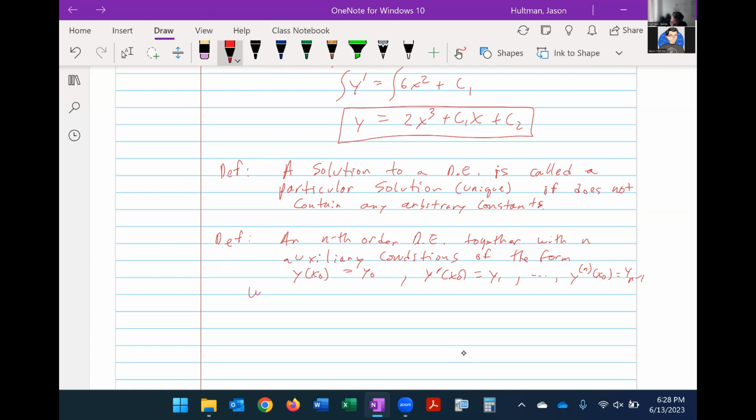where y naught, y1, dot dot dot, y n minus 1 are constants, is called an initial value problem.